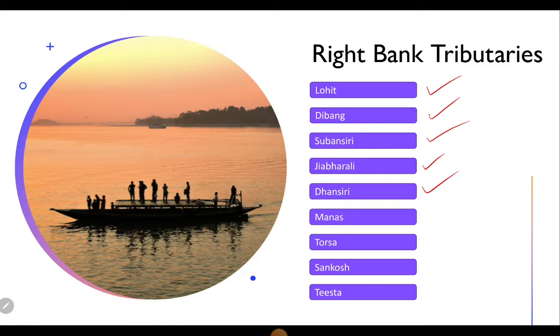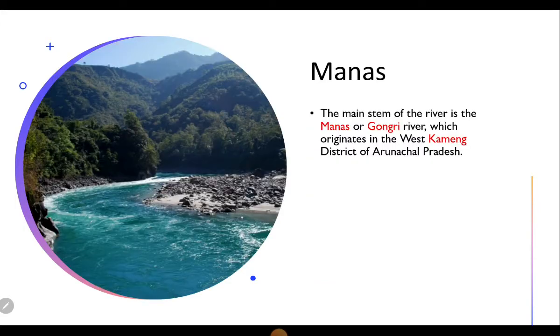Now let's go to the Manas River. The main stream of the river is the Manas or the Gongri River, which originates in the West Kameng district of Arunachal Pradesh.